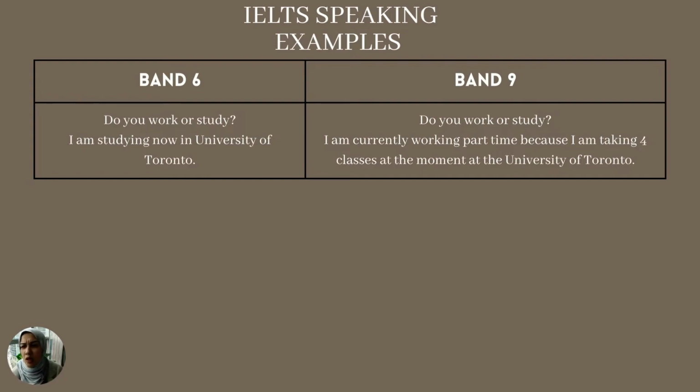If you see here, I've made a mistake in the band 6, which will not help me much and will score me a low band. That's why it's very important that you answer your questions in the right tense form throughout your answer, and you are able to say the sentence in an error-free manner.